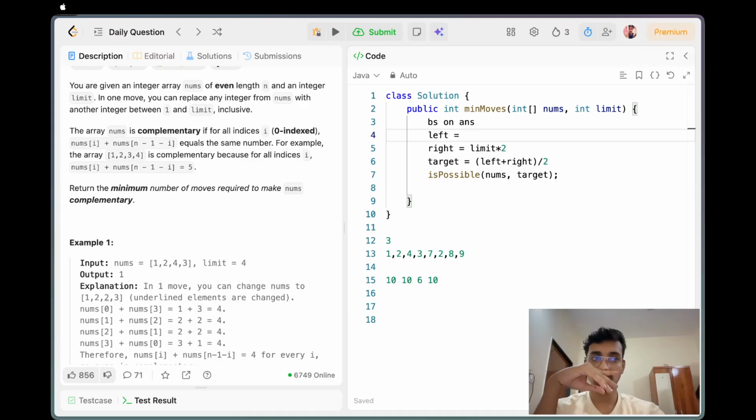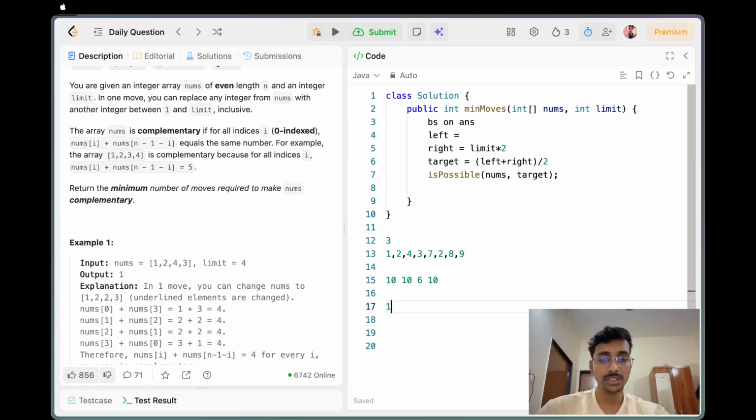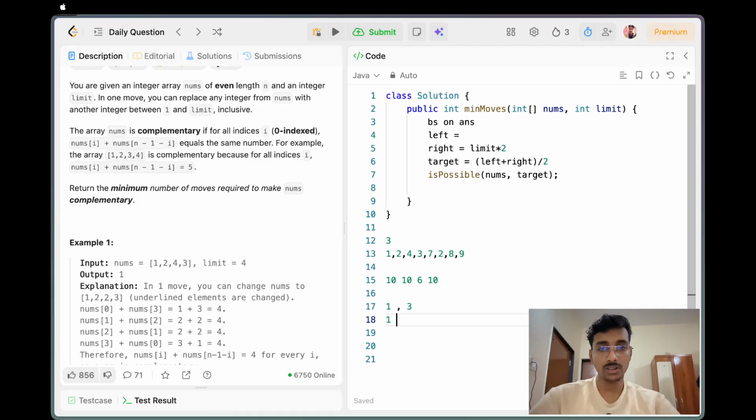Can the summation of two numbers give me an odd number? Let's think. 1 comma 3 gives 4, and 1 comma 2 gives me odd.